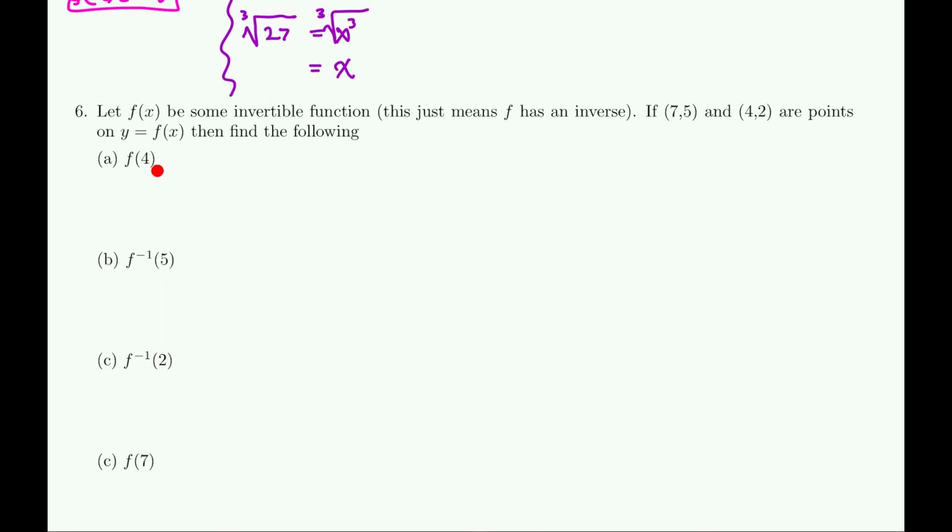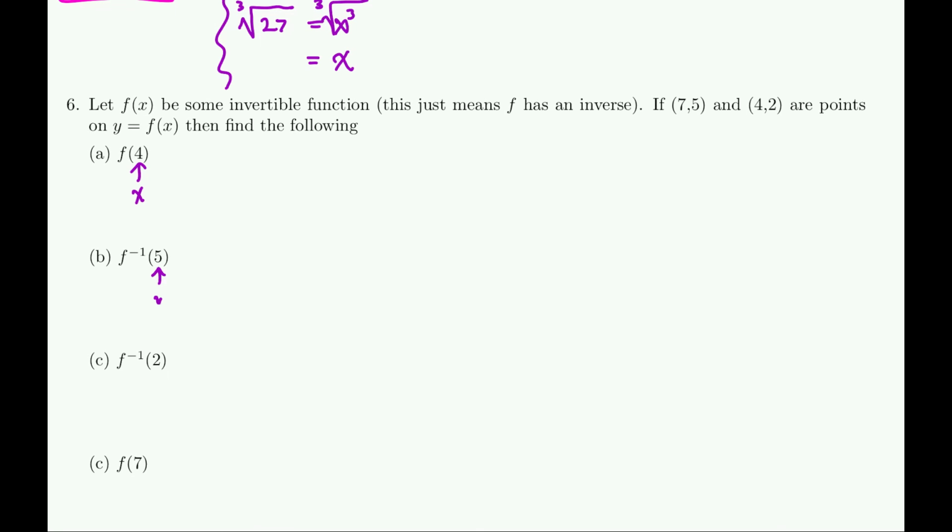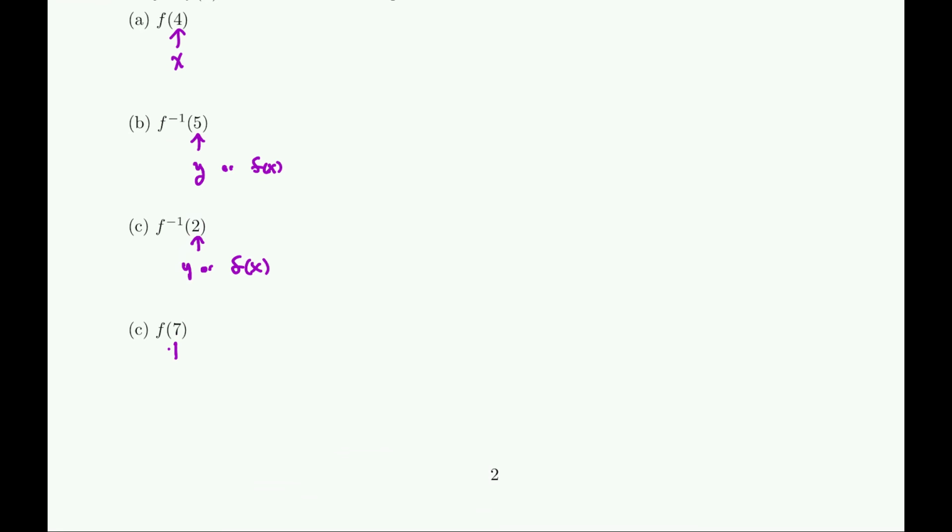And again, this is just trying to reinforce the point that we're looking at x and y values. So this is an x because it's an f. This is a y or f of x value because it's on f inverse. This is also a y or f of x value. And the last one, f of 7, that's an x.